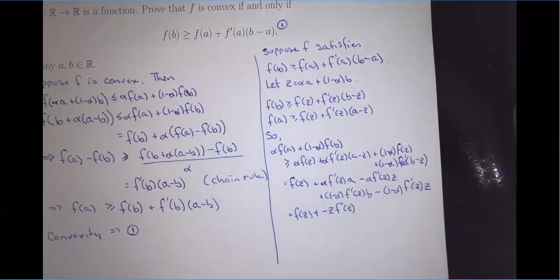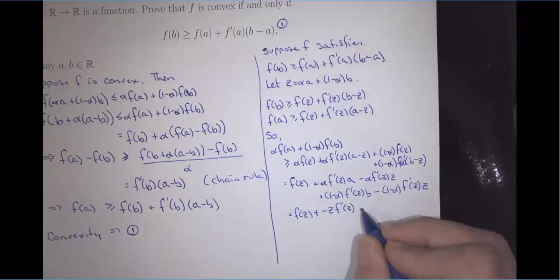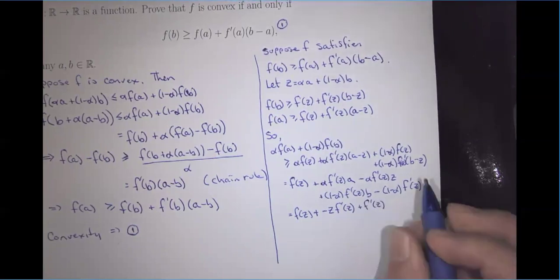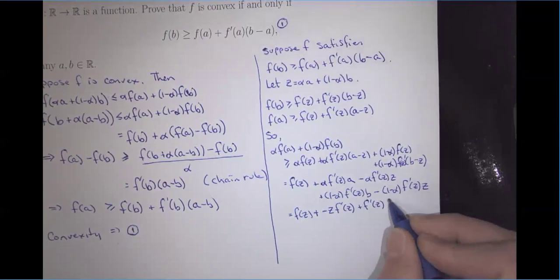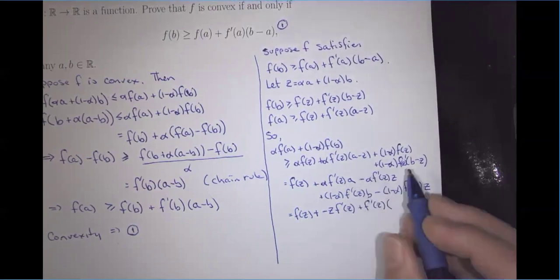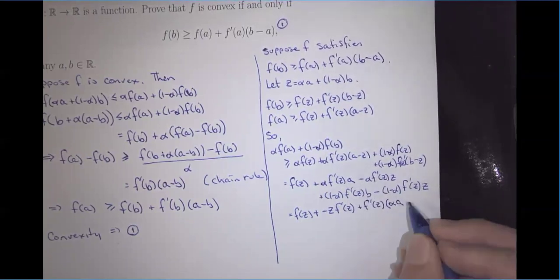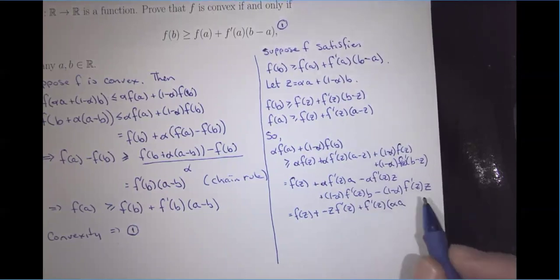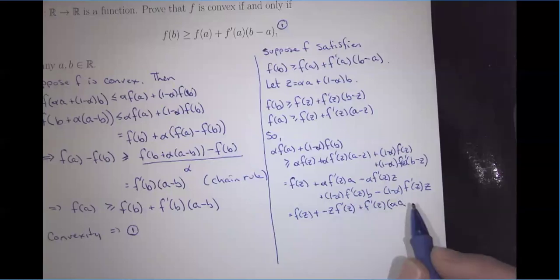Okay, so that's part of it. And then we should have a plus f prime of z with the rest of this stuff. So it's alpha a and 1 minus alpha b.